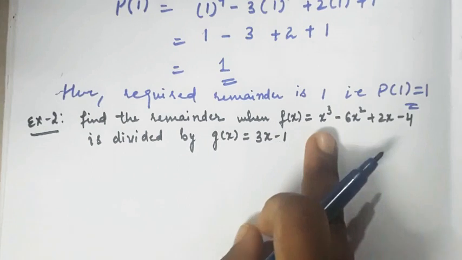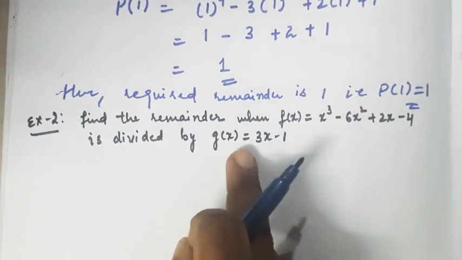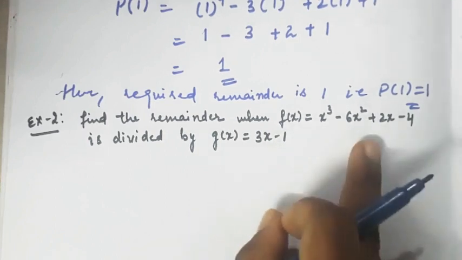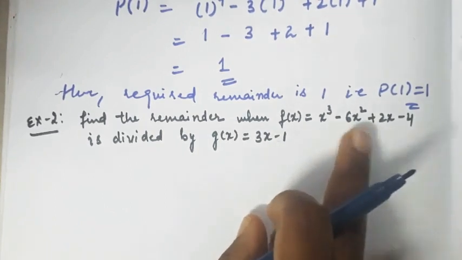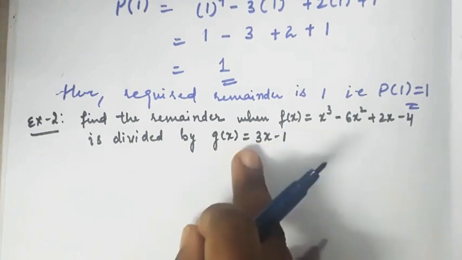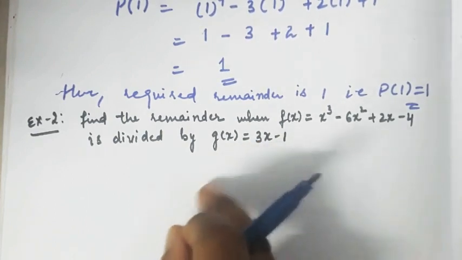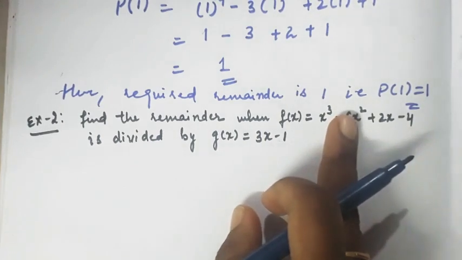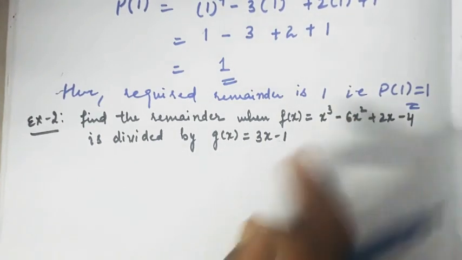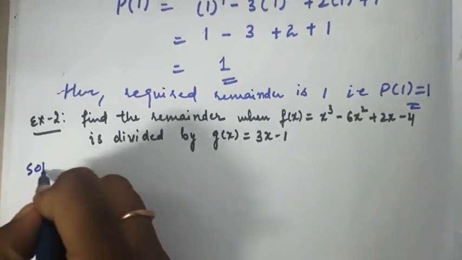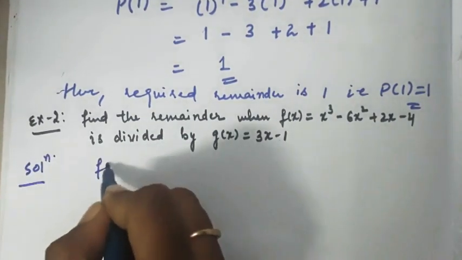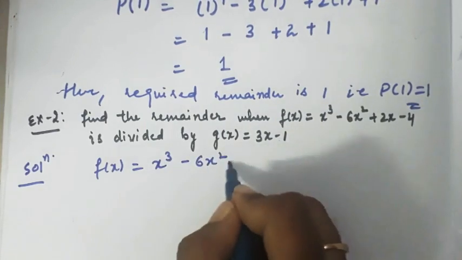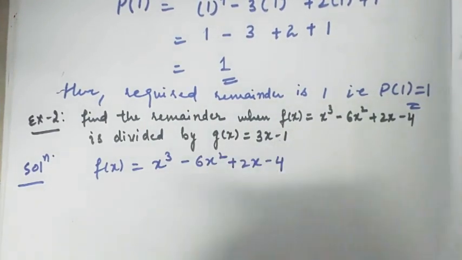Okay, now afterwards what we need to do is equate this g(x), the polynomial which is to be divided with, equal to 0 to get the value of x. Afterwards that x value we will put in the variable of the polynomial to get the remainder. So here we proceed. f(x) is given already, that is x cube minus 6x square plus 2x minus 4.